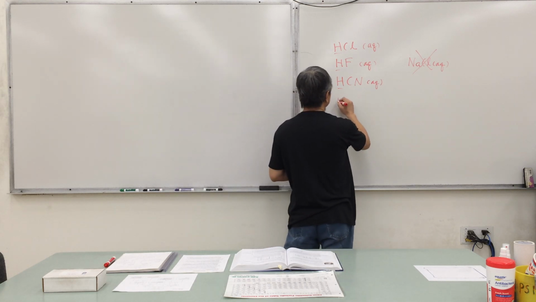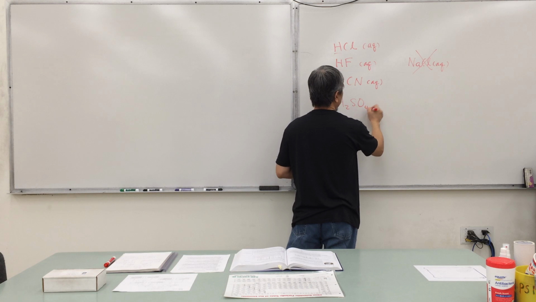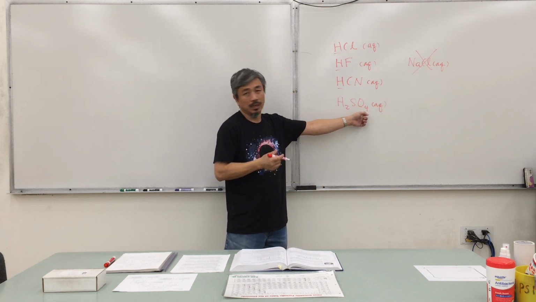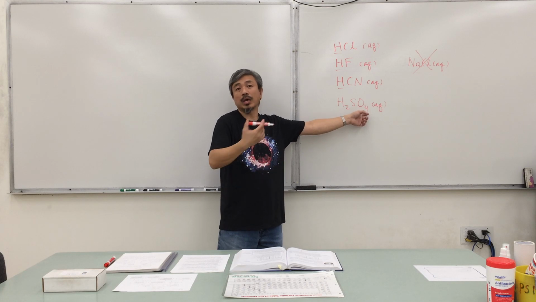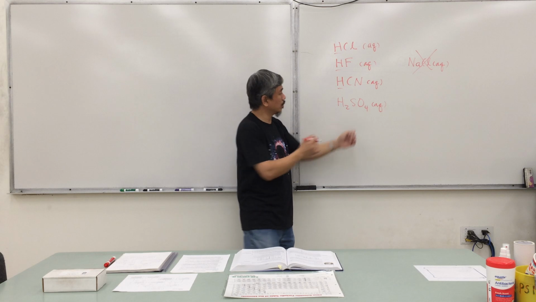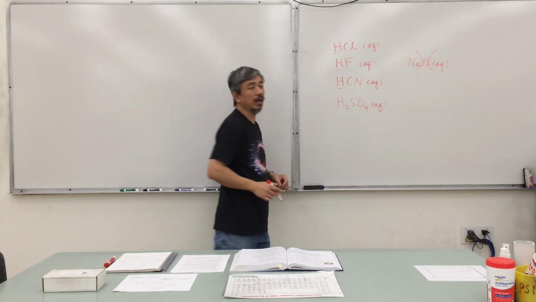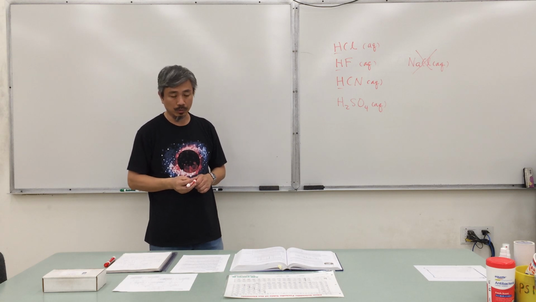Sometimes you even have things like this. So it is possible for you to have more than one hydrogen if the polyatomic ion has a greater than negative 1 charge. So in this case, this would have SO4, which is minus 2, so you have 2 hydrogens before that SO4, and so on and so forth.